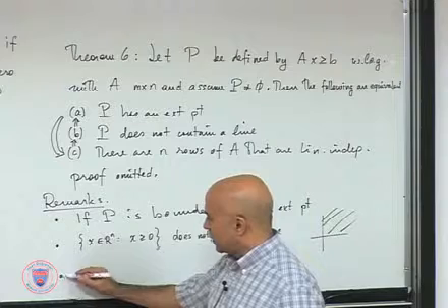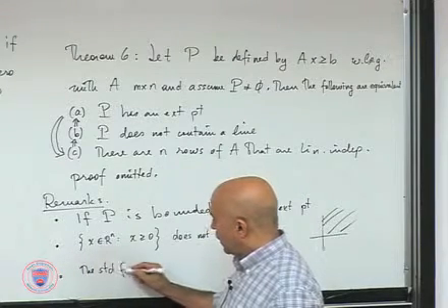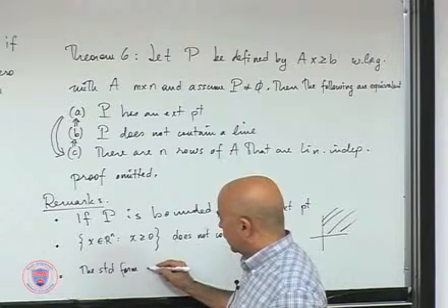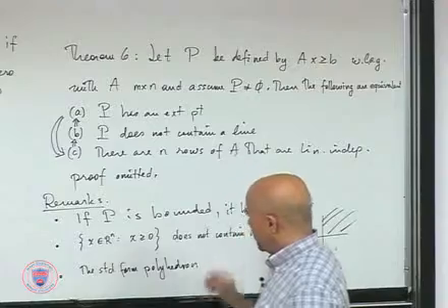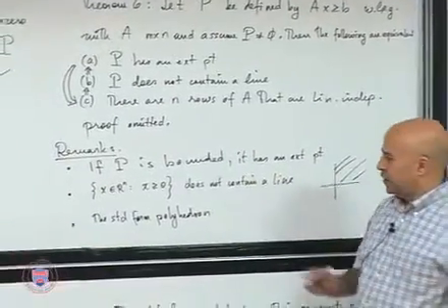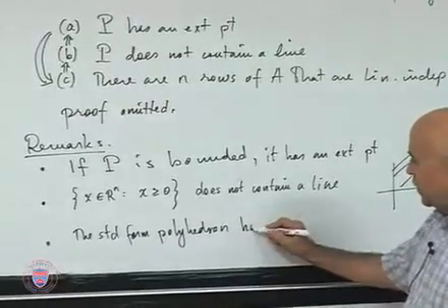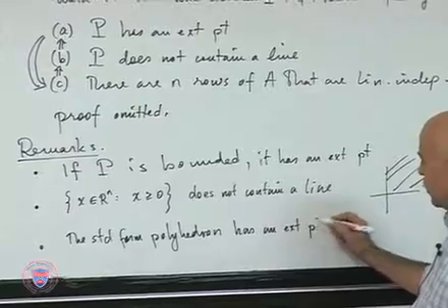For this reason, the standard form polyhedron always contains an extreme point. Why?